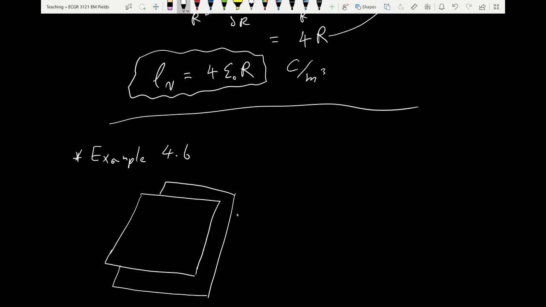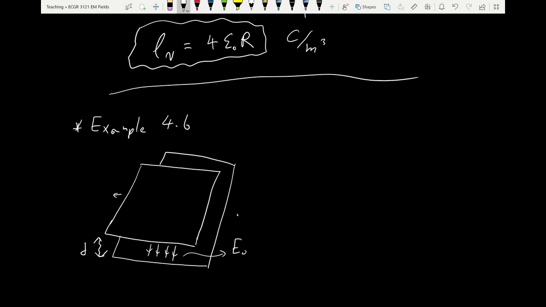The assumption here is that those two plates are infinite, pretty much. The idea is that we want to generate a certain field E naught in between the plates, and the distance between the plates is D. So what kind of charge density do we need on those two surfaces to generate that field?